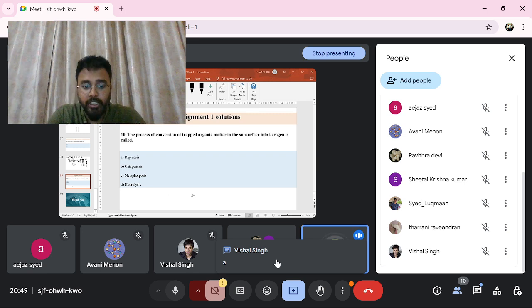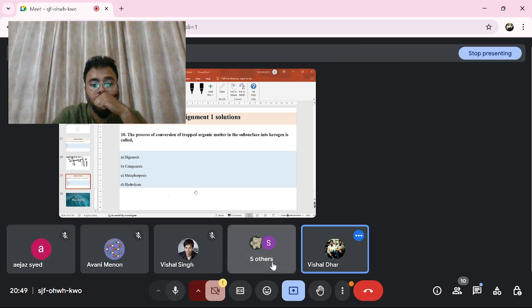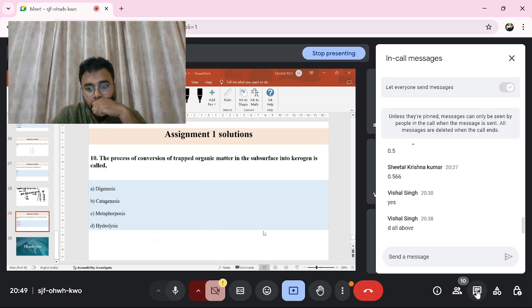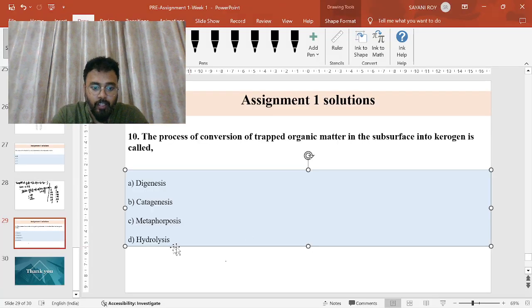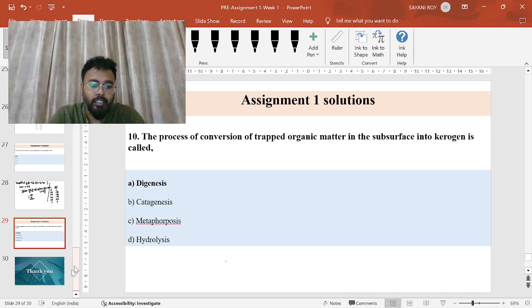Yeah, Vishal is saying option A. Anyone else? Option A, sir. Option A. Yeah. Anyone else? Yeah. So the correct option is option A, diagenesis. So yes, the option is option A, diagenesis.